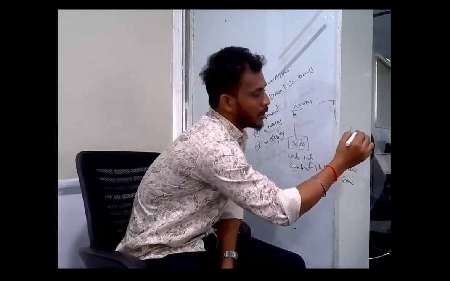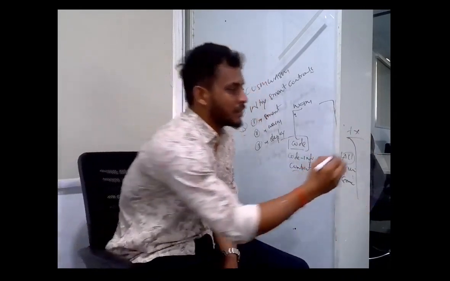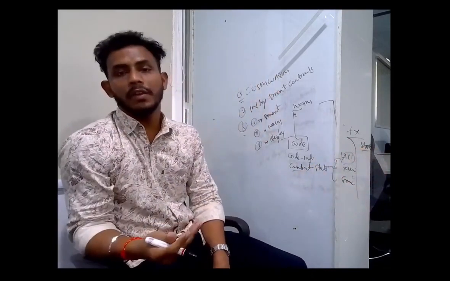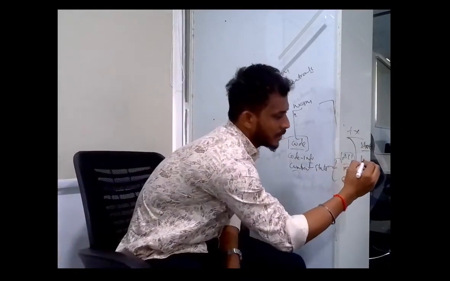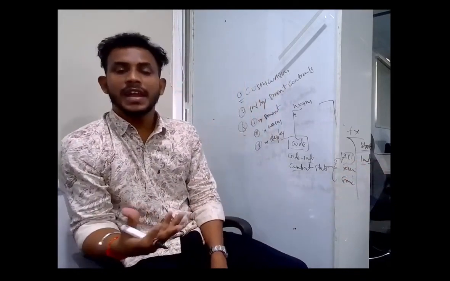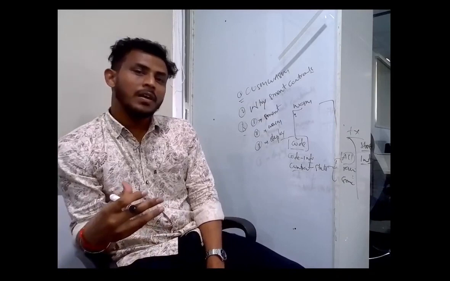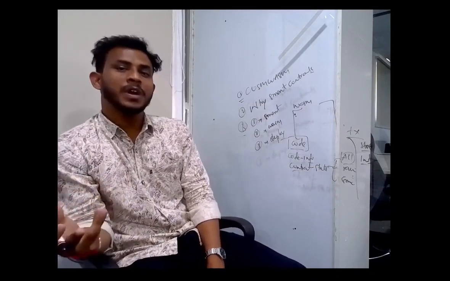Now we'll talk about transaction commands. The first one is store. Store helps in uploading our binary file to the chain. After that, instantiate. Instantiate helps us to instantiate our smart contract. This is the first stage to interact with the smart contract.